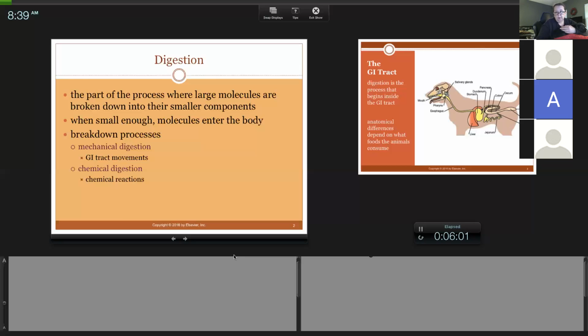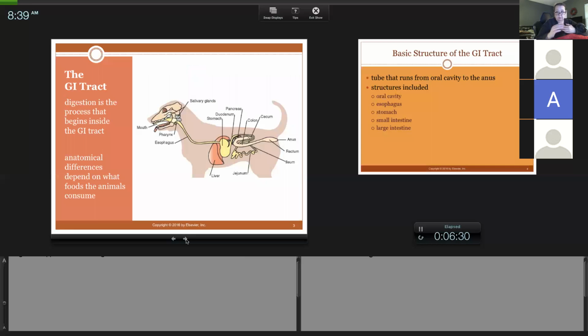Now the teeth would only be mechanical, and the esophagus is pretty much mechanical. But once you get into the stomach, it is mechanical and chemical, because it churns and contracts, and it also releases acid. So that has both chemical and mechanical components to it. I do want you to be familiar, as we talk about different parts, with what component of digestion is occurring.